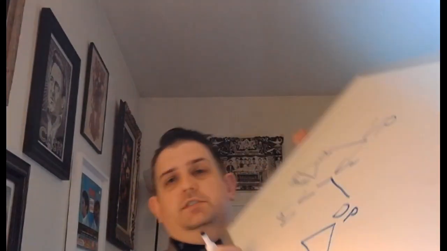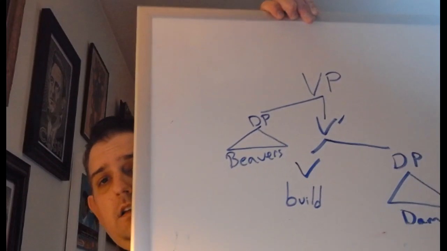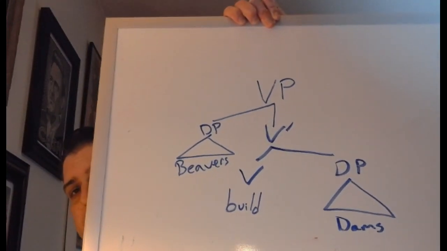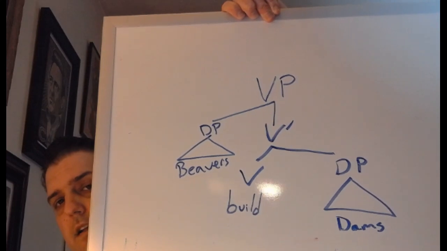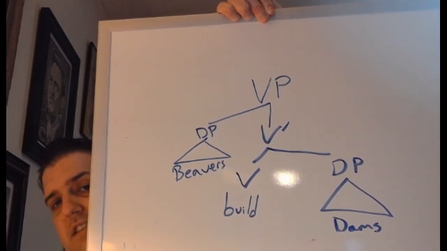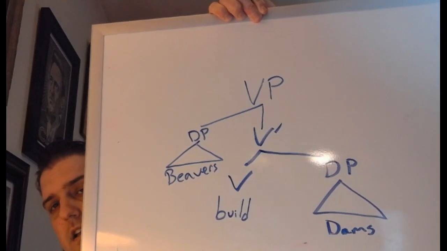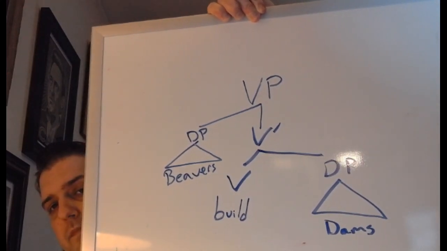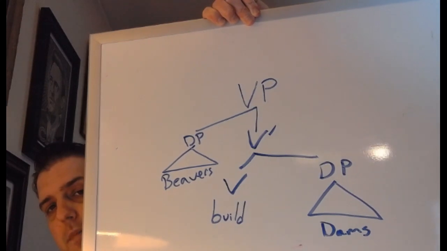So build, DP, dams, beavers. So we're going to end up with something like this, where beavers is inside the specifier of the verb phrase, and dams is the complement of the verb build.